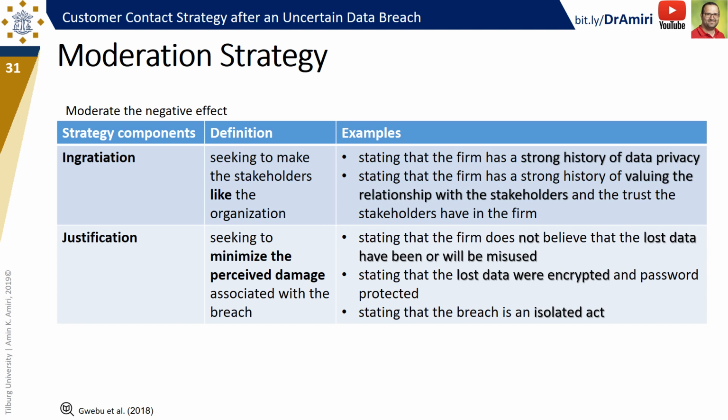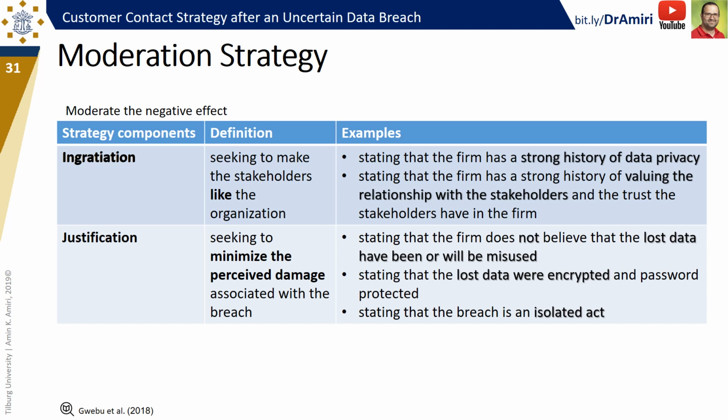A third customer contact strategy can be the moderation strategy, where you try to reduce the negative effect of that data breach. You can go for an ingratiation approach to this strategy, where you try to make the customers and shareholders like the organization.